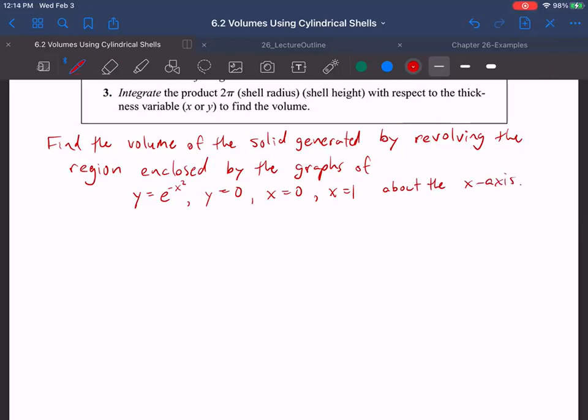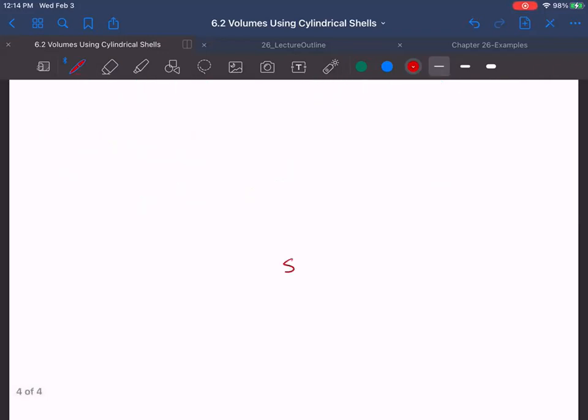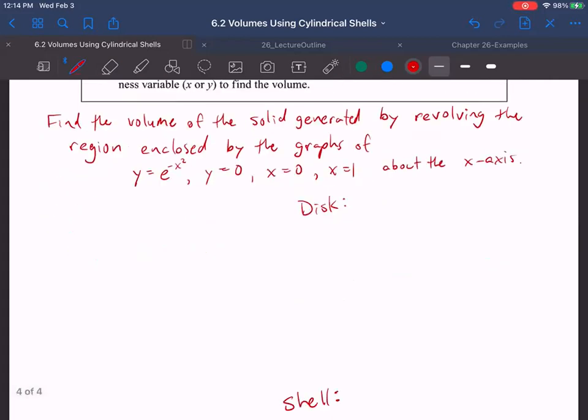And so the first thing I want you to do is try this with disk. That was 6.1. And then try it with shell and see what happens. So start with disk. And then after that one, try shell for the same one, okay?